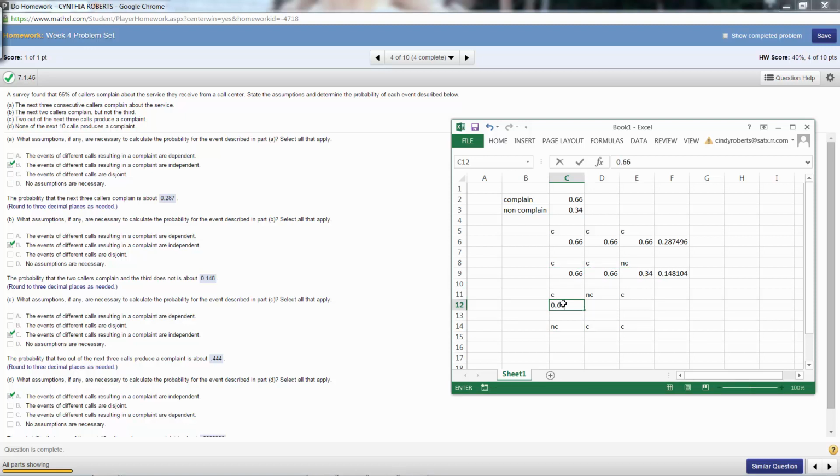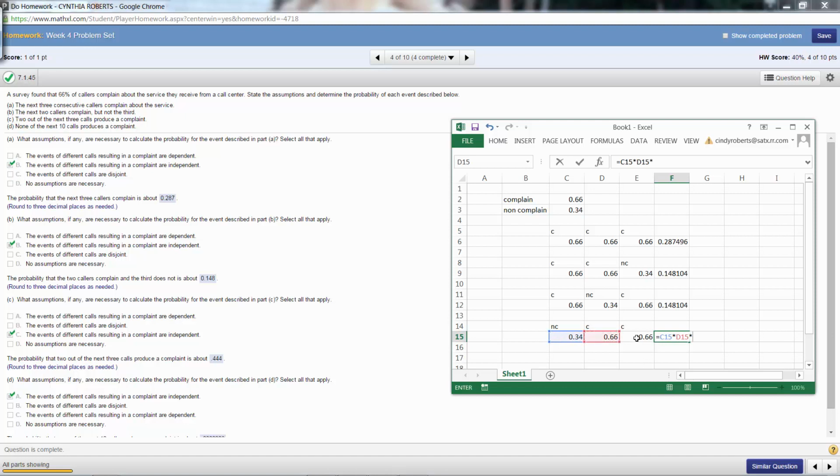The complain 0.66, the not complain 0.34, the complain 0.34, 0.66, 0.66. I'm going to multiply these. Even though they're in different order, you're still going to get the same value, right? The 0.148, the 0.148. And guess what? I'll get it here again.